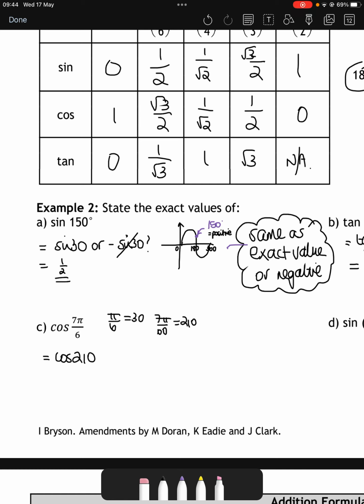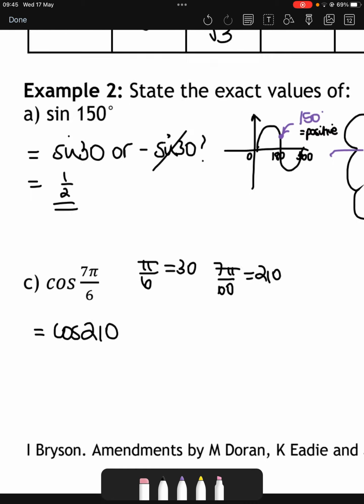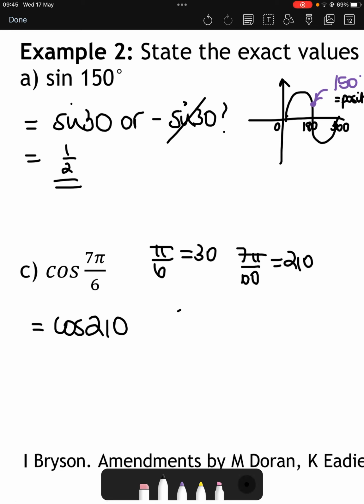So we're going from either 0, 180 or 360, remember? So it must be 30 because it's 180 plus your 30. So we're saying, is it the same as cos of 30 or negative cos of 30?